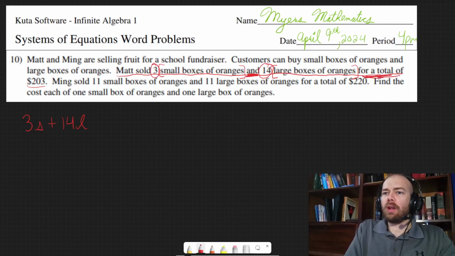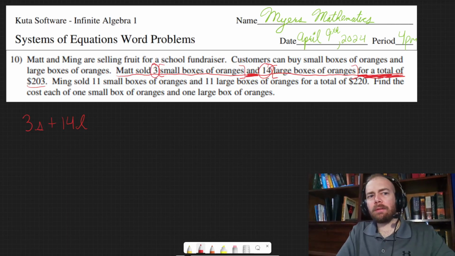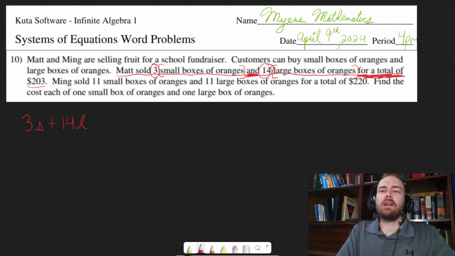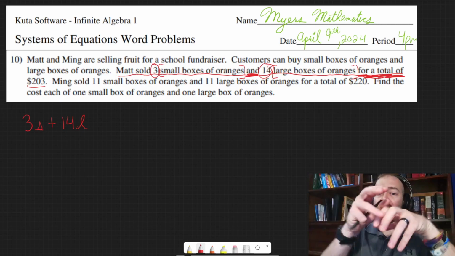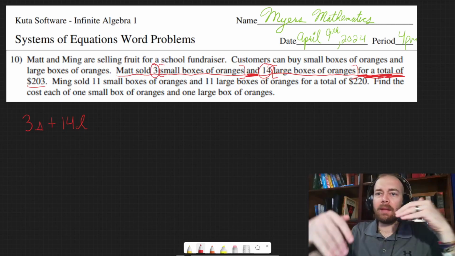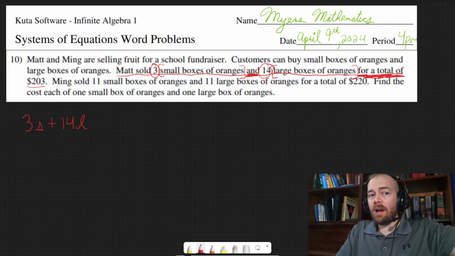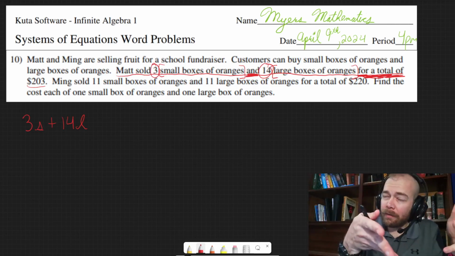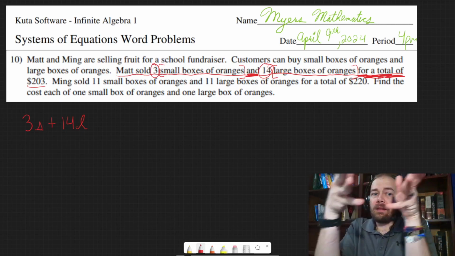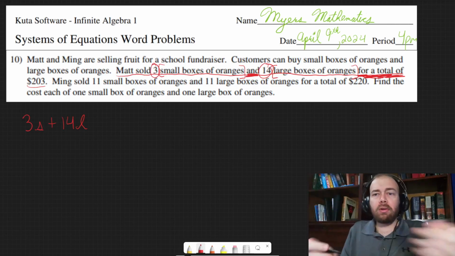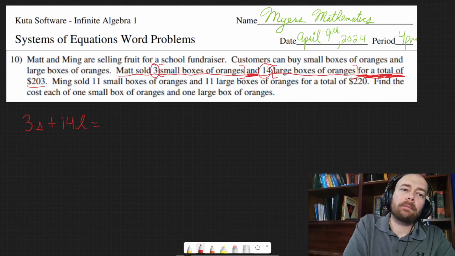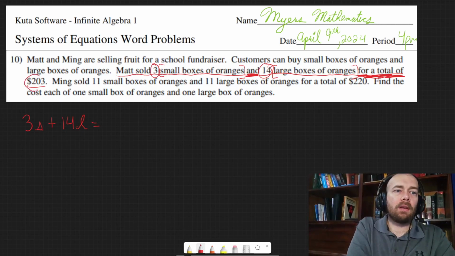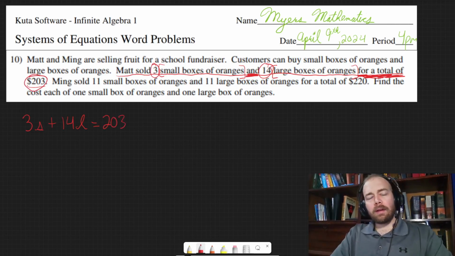For a total of is a phrase you might see fairly often. It means you're adding them all up, and then it's equal to something. We already did the add part, now we equal it to what the total is. So equals, and then the last number, 203. There we go. Got our first equation.